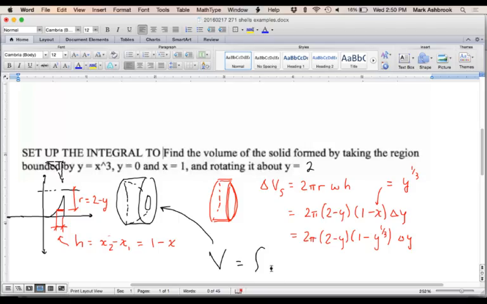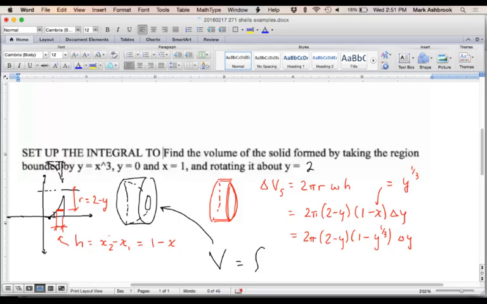Okay, so your radius, you should have gotten 2 minus y for your radius. So first of all, horizontal strips. The radius is 2 minus a change in y, 2 minus y. And that just stays because we're doing delta y. The height is a change in x. Final x is 1.